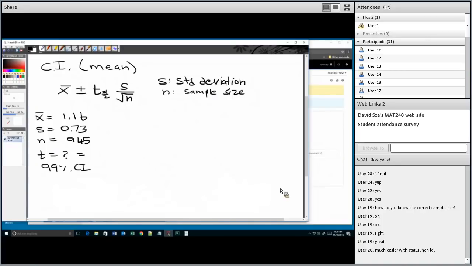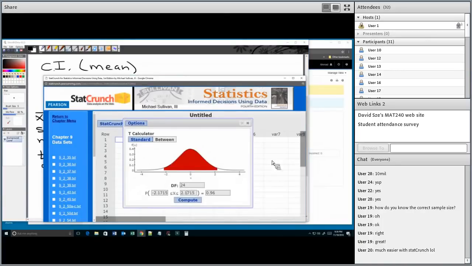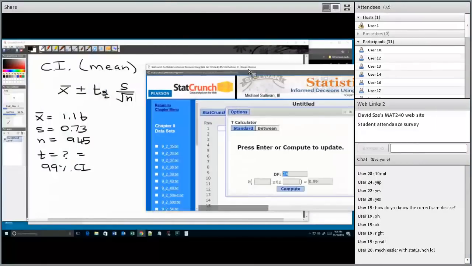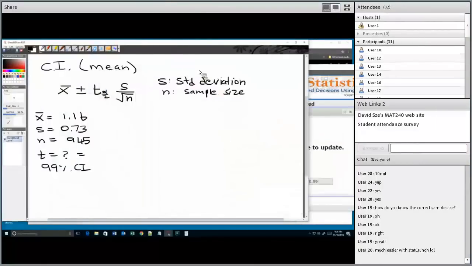So I can go to StatCrunch. And how do I find that? I'm just going to type 99 here. But what do I type for DF? What is my DF in this case? Can you tell me what my DF should be in this problem?